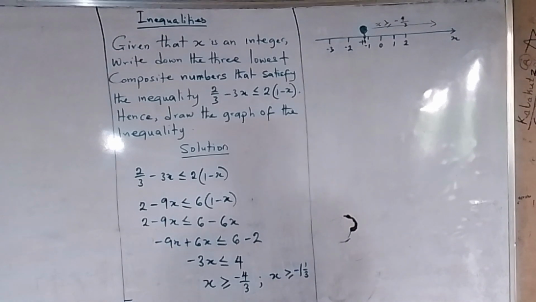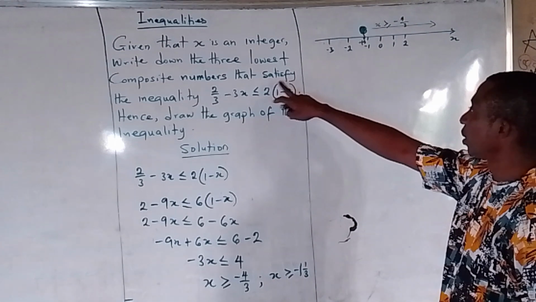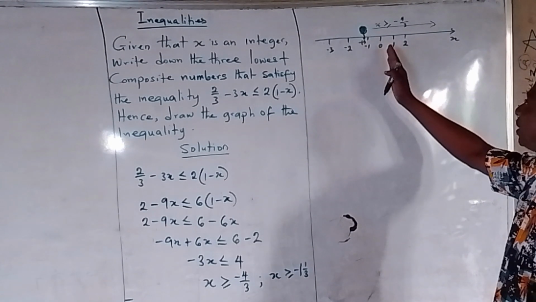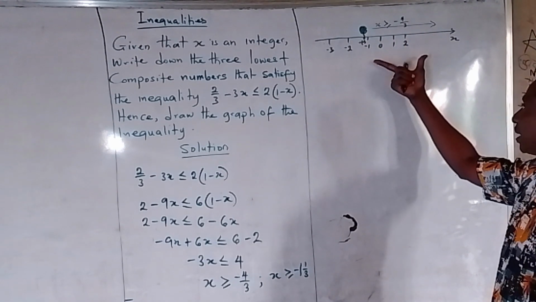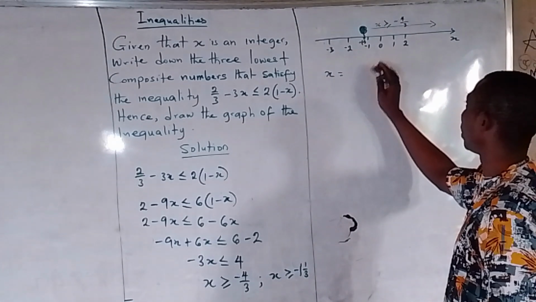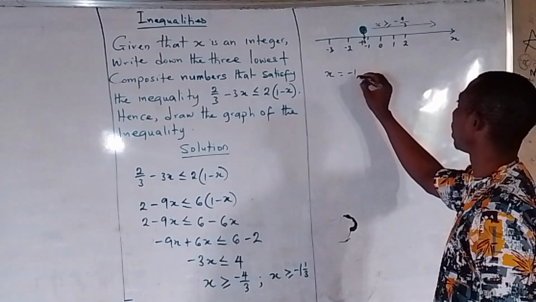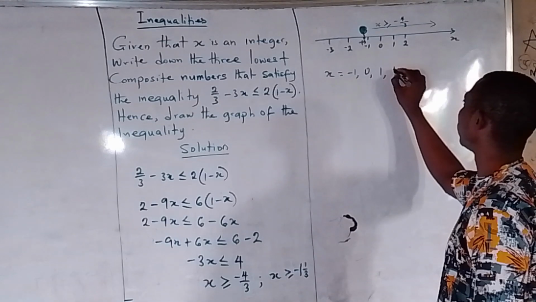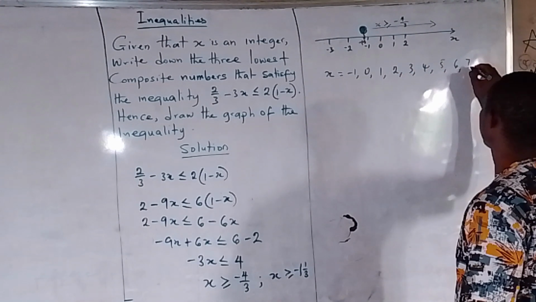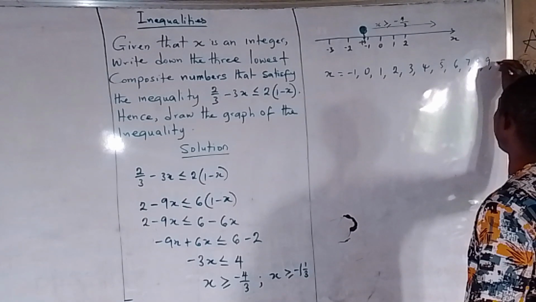Okay, let us now look at the question. The values of x are integers, so we have to list out the integers that are in this set. So values of x are minus 1, 0, 1, 2, 3, 4, 5, 6, 7, 8, 9, and so on.